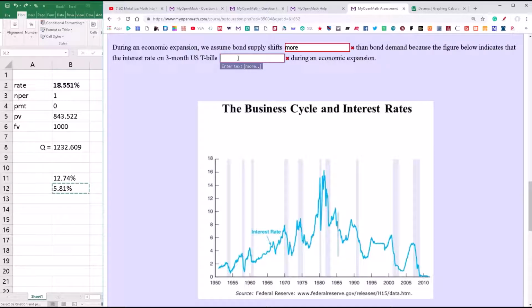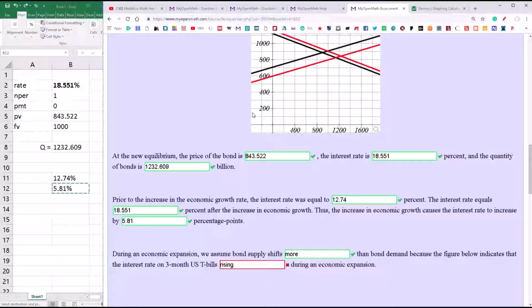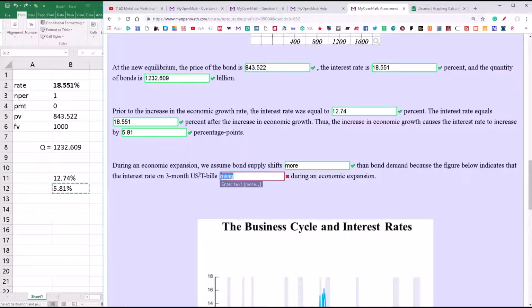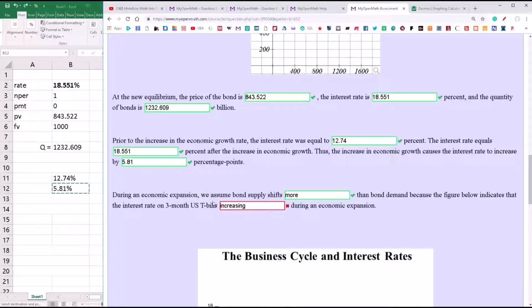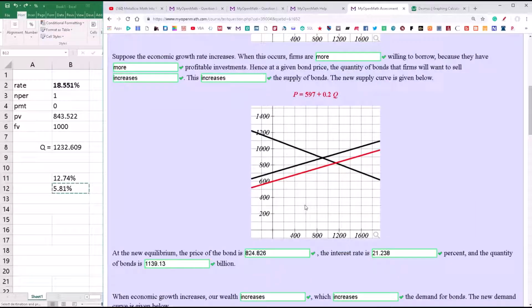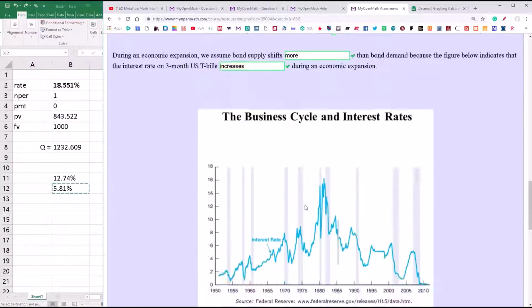The interest rate on the 3-month Treasury bill increases during economic expansions. Okay, that's the question.